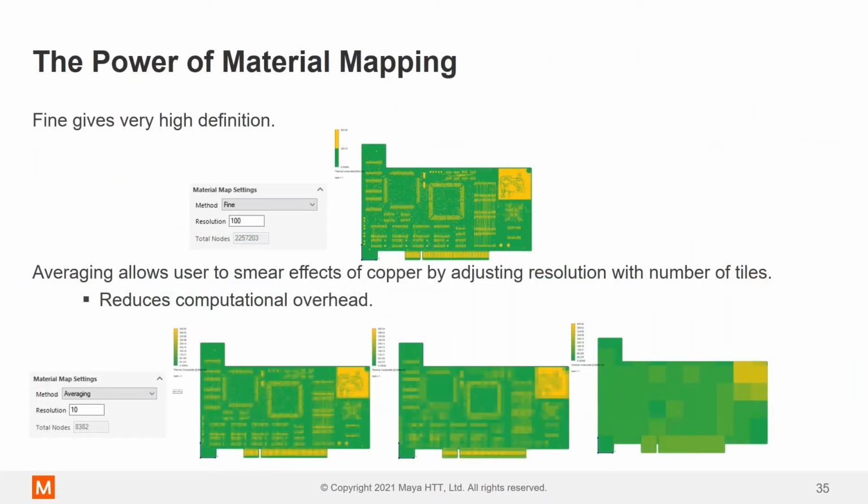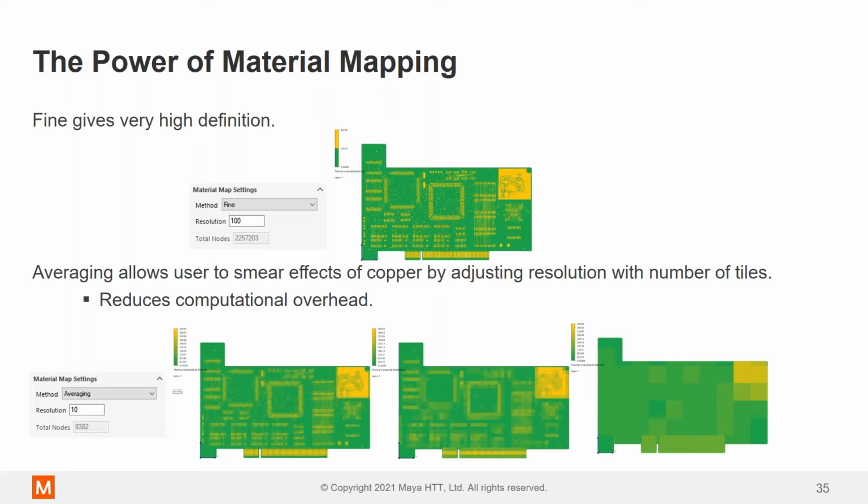Okay, so the material mapping allows you to either use the fine resolution, which will, on a pixel by pixel basis, be copper or not copper, explicitly how the PCB was designed. Or if you want to reduce the solution time a little bit, you can use the averaging technique where the copper starts to get smeared. You start to see the image get a bit more pixelated. You can control the resolution so that you have fewer thermal resistances, fewer thermal nodes within your PCB.